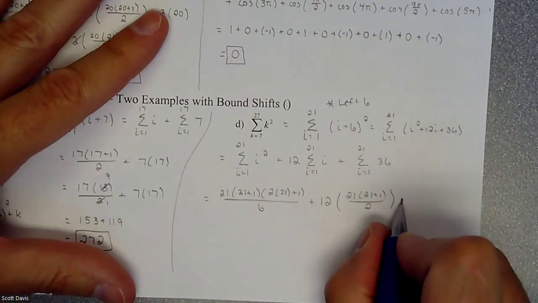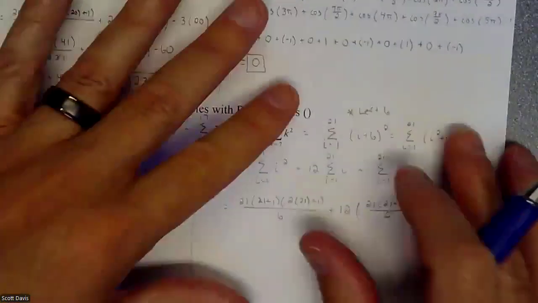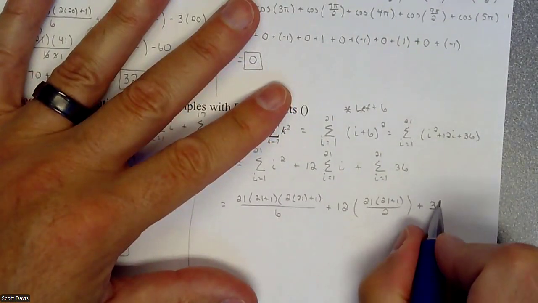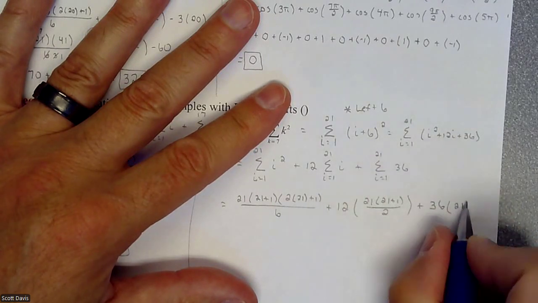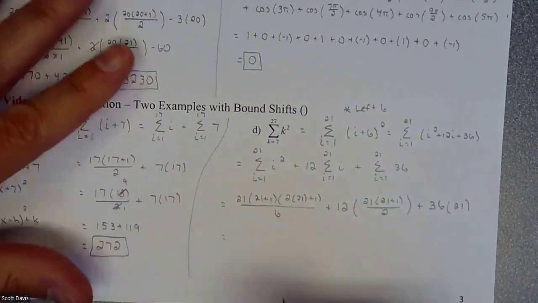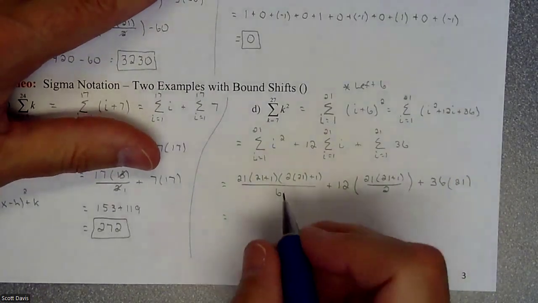And then my last one is my constant times my n. And my constant is 36 times 21. Okay, so let's see if we can simplify it a little bit, and then we can use a basic calculator to get the values all put together.